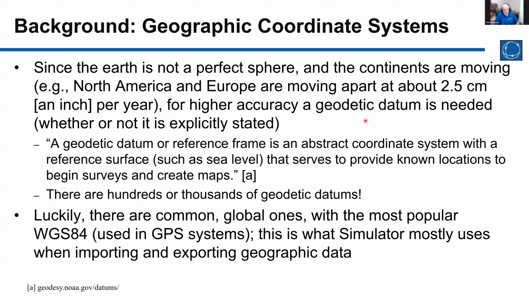I just wanted to bring this up because sometimes if you start loading in some geographic data to use with regions, PowerWorld might not support it. It might not support it because it might be on a reference frame that we don't support. The solution to that would be to use some other GIS package and convert it into something like WGS84.